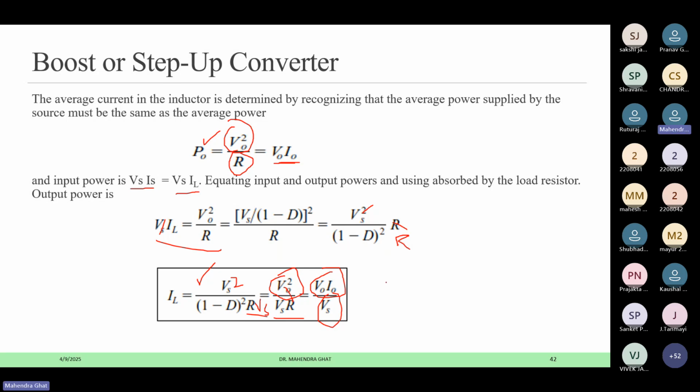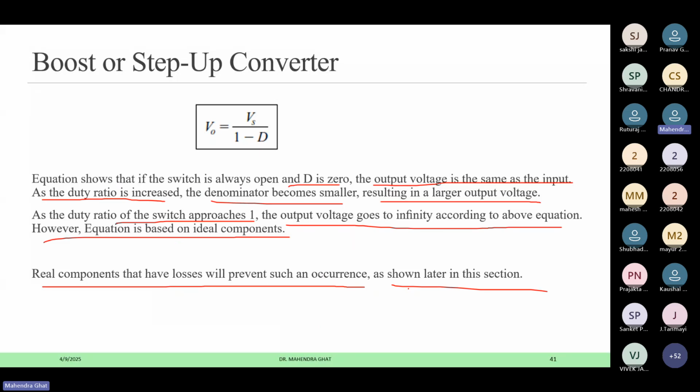And if we use VO and IO, you can also calculate R and use the other equation as well. So it is just a mathematical manipulation.